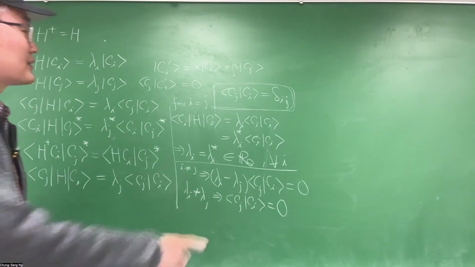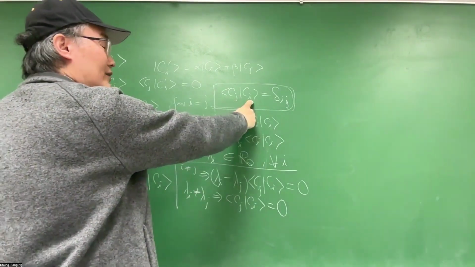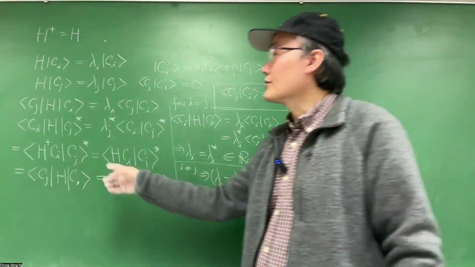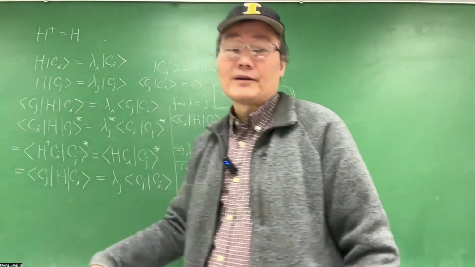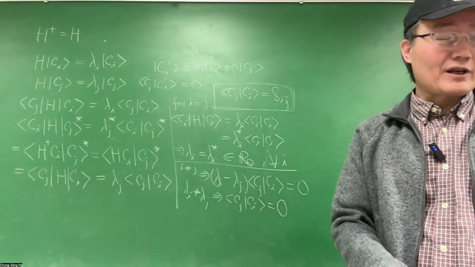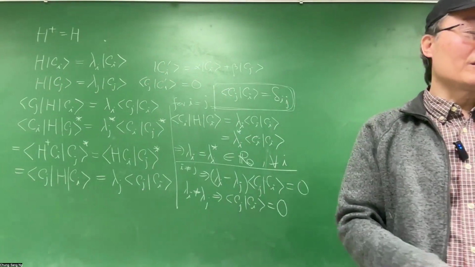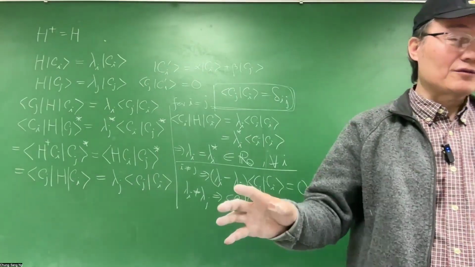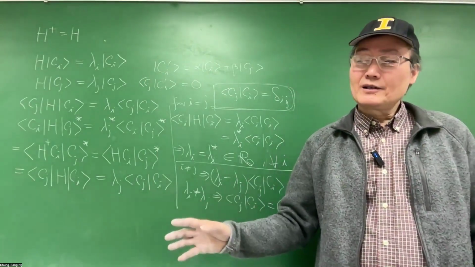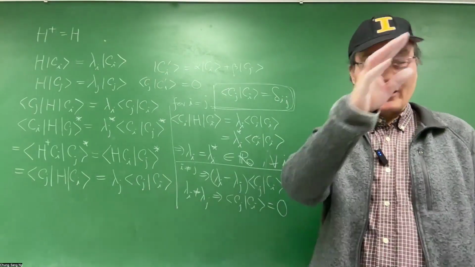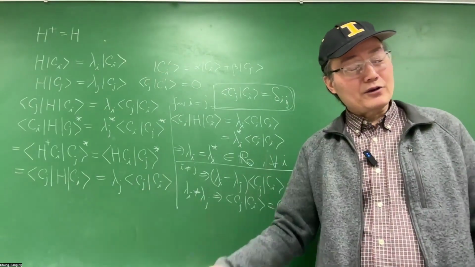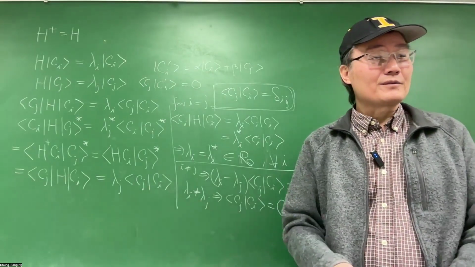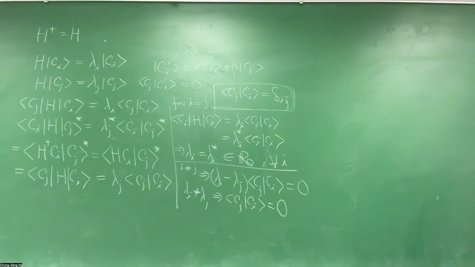If we choose this eigenvector as our basis, we'll be able to diagonalize the operator H. After diagonalization, H in the new basis is a matrix that only has diagonal elements, and all diagonal elements are just eigenvalues. That's what we call diagonalization.